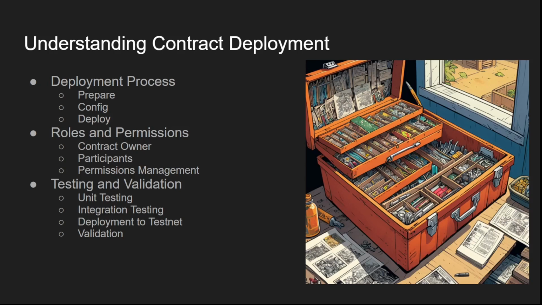First, you will prepare your contract. Ensure your contract code is complete, tested, and ready for deployment. This includes defining all necessary terms, handlers, and hooks. Next, you'll want to set up the necessary configurations for your contracts.